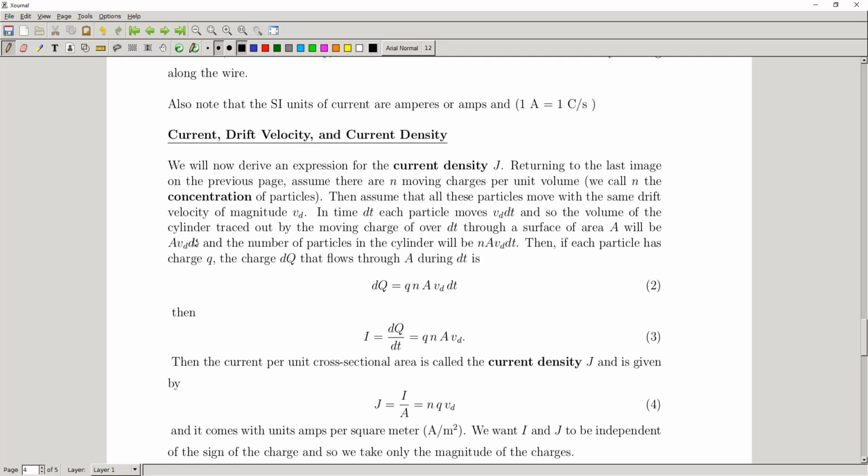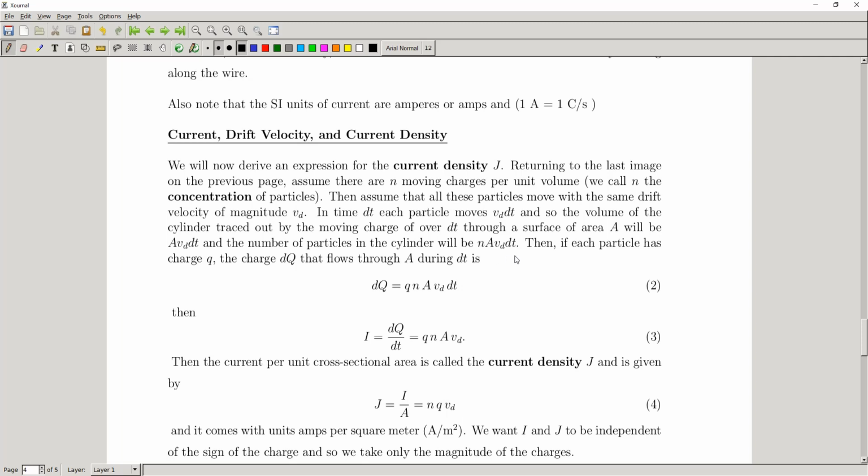And this is going to be the volume of that cylinder. The number of particles in that cylinder is simply going to be the volume of that cylinder times the number of charges per unit volume, which is the n that we set up before. So we end up with this expression, which is the number of charges per unit volume times the volume of our cylinder.